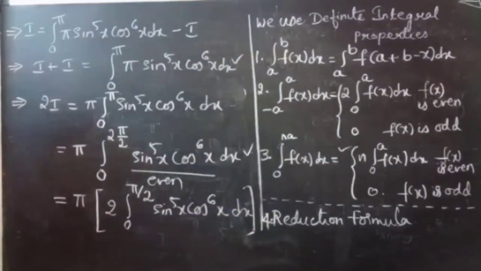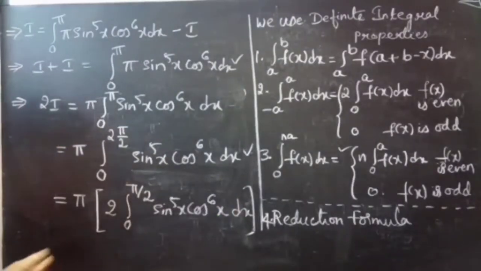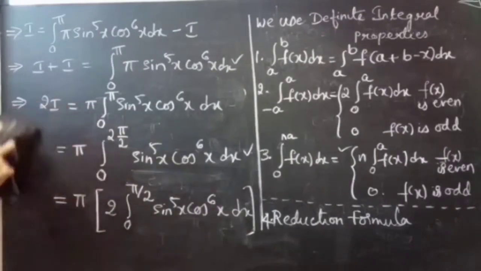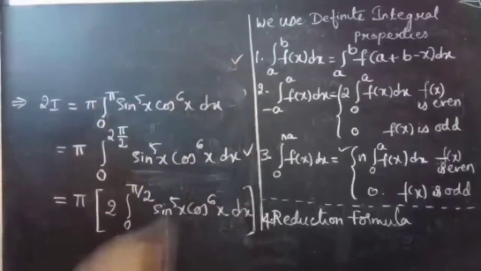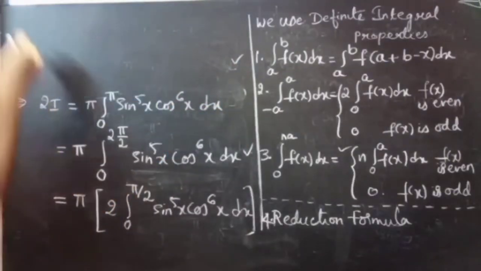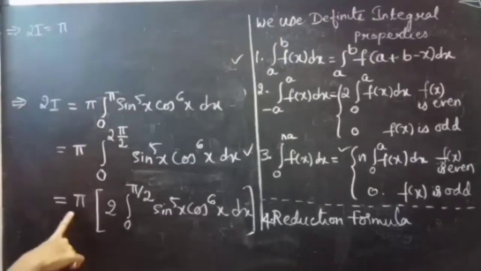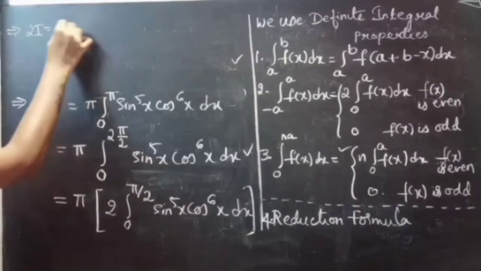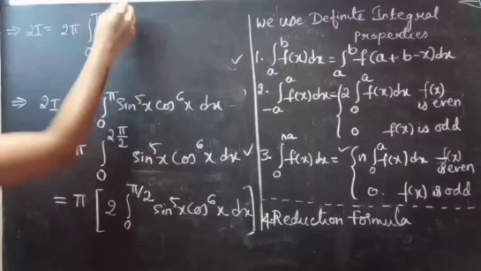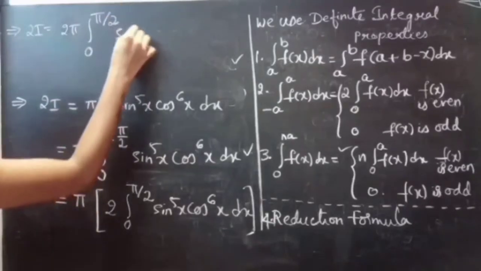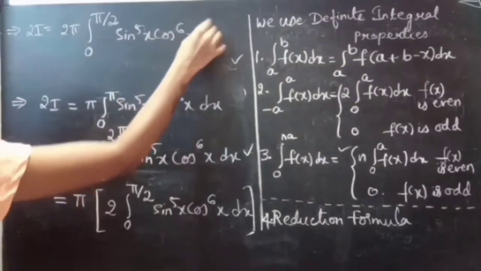So this implies 2I equals pi into 2, which is 2 pi, into integral from 0 to pi by 2 sine power 5x into cos power 6x dx.